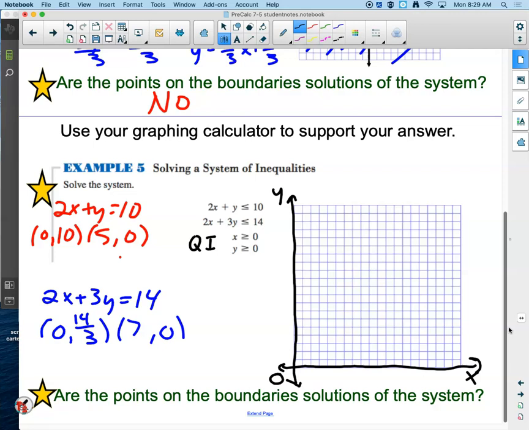1, 2, 3, 4, 5. So that it doesn't get too busy on there. Same thing on my x-axis.